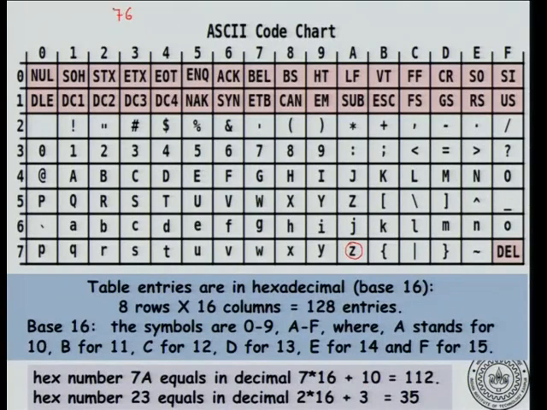This obviously stands for the numerical value 7 times 10 plus 6. Similarly, in base 16 notation, 7A stands for 7 times 16 plus 10. Remember that A is 10. So you have 122. Similarly, hexadecimal 23, so row 2, column 3, for example, means look up 2 times 16 plus 3, the 35th entry in the table.